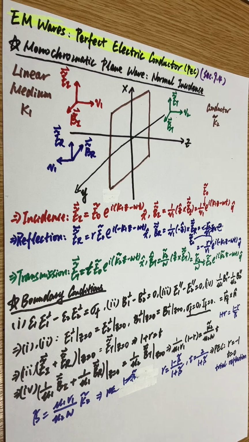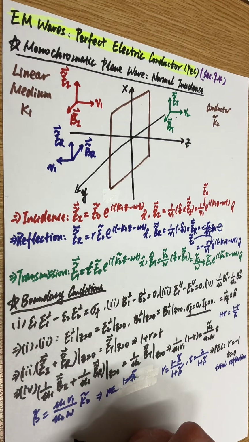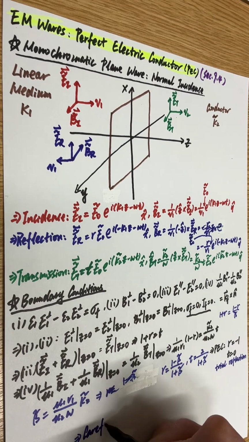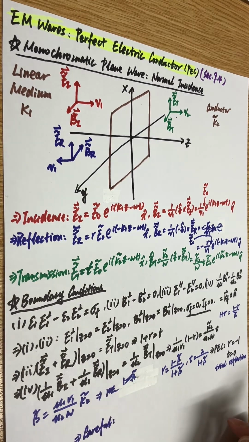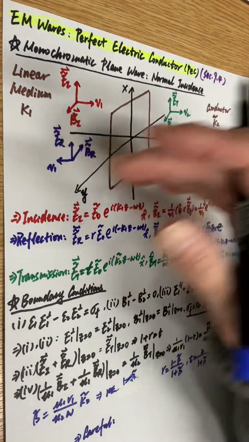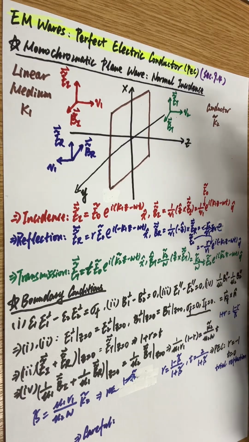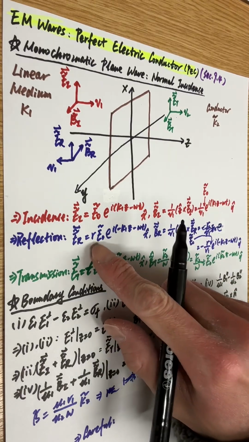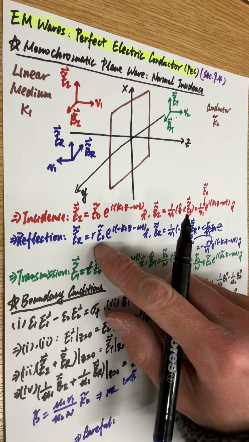One thing to be careful about here: we must be very careful. When we have PEC, the wave is completely reflected, which means that R here is -1.